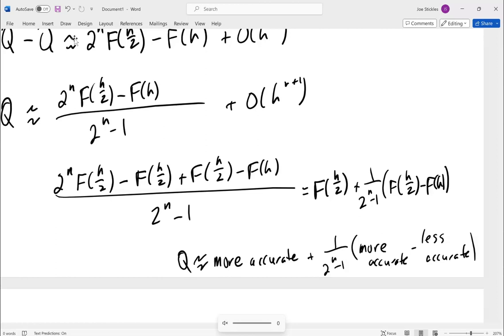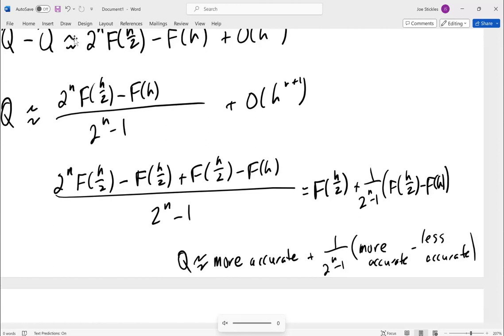Yes. This part? Okay. We're going to split it at the plus sign. Factor out f of h over 2. You're left with 2 to the n minus 1. So those will cancel in the first term.